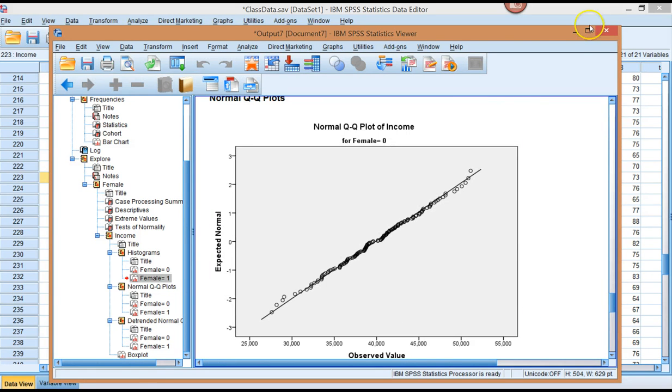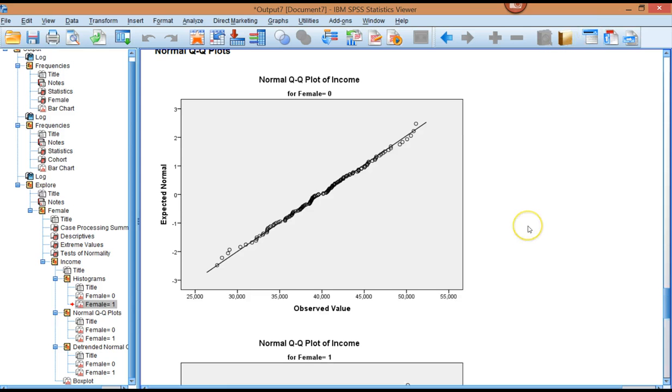What I prefer, which I think is very easy to look at, is a QQ plot. And what you're looking for in a QQ plot is you don't want any kind of weird pattern. You want it as much as possible to line up along the line, and so that is a good hint for you that that is normally distributed.